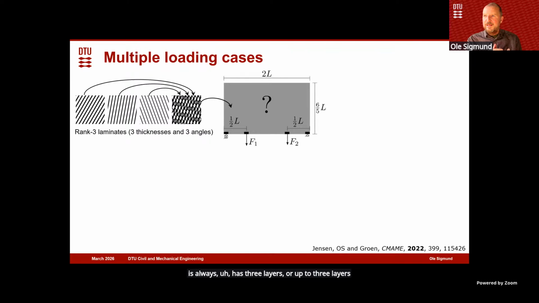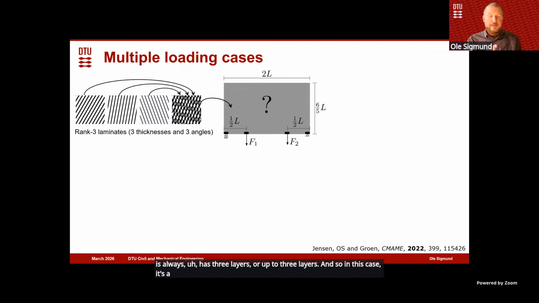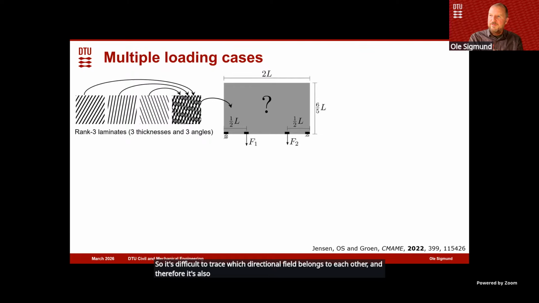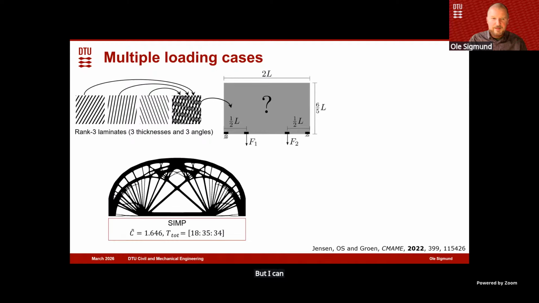There's another difficulty that the directions are non-unique. So it's difficult to trace which directional field belongs to each other, and therefore it's also difficult to solve these auxiliary problems. That's one of the headaches, and it's not really well resolved for the multiscale problem yet, but I can show what we did so far.